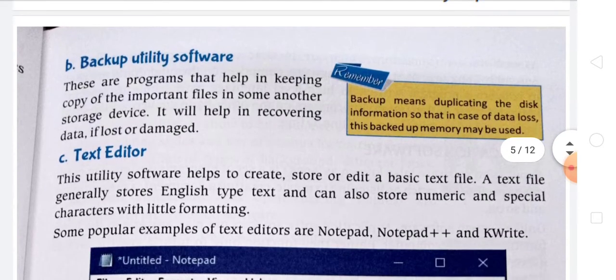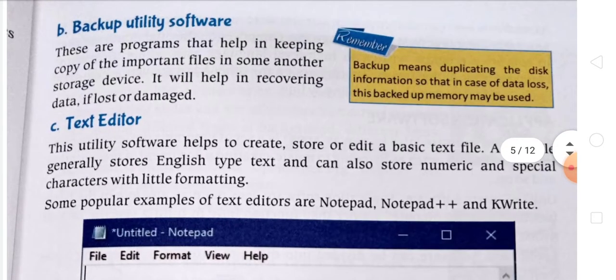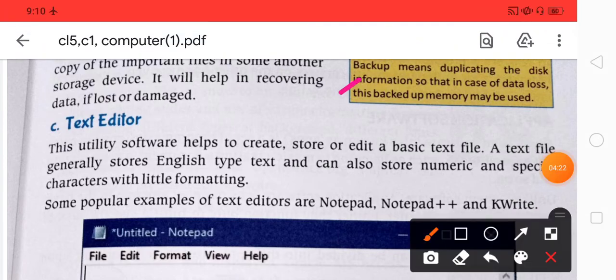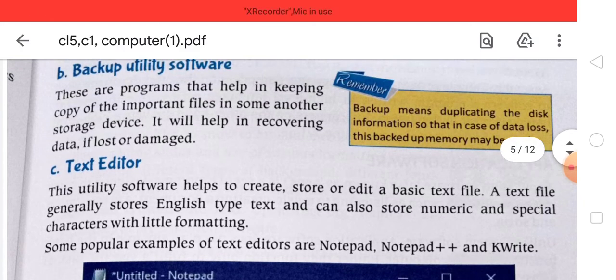Then backup utility software. What is backup? Backup means duplicating the disk information so that in case of data loss, this backed up memory may be used. These are programs that help in keeping copies of important files on another storage device. It helps in recovering data if lost or damaged.